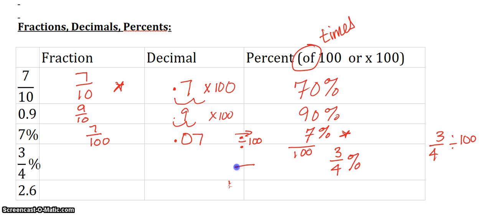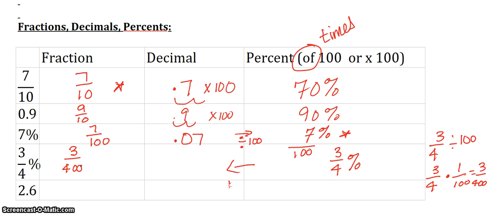Because we're going in this direction to get the decimal. Well, 3/4 times 1/100 gives me 3/400. Well, I got my fraction out of that, but I didn't get my decimal. Okay, so 3/4% gives me 3/400.